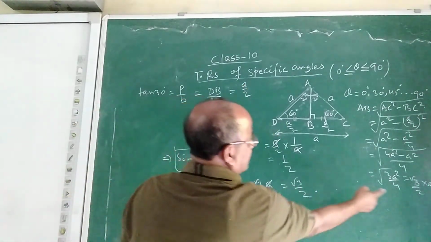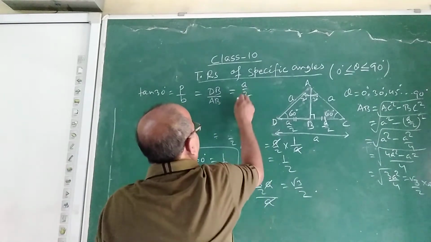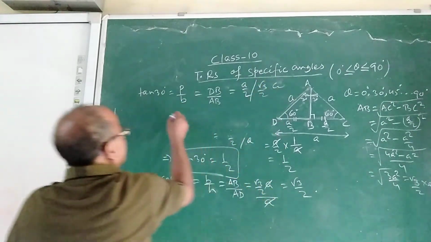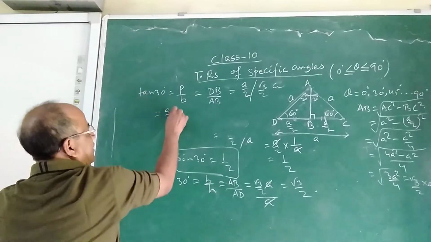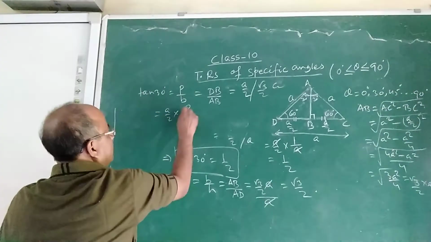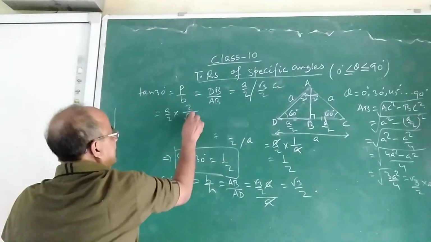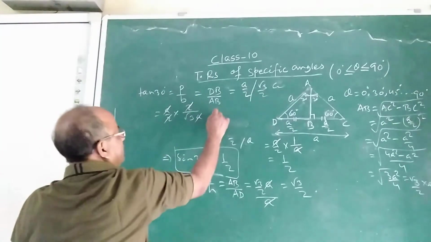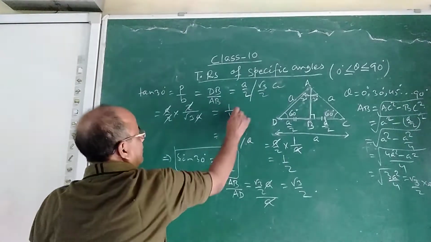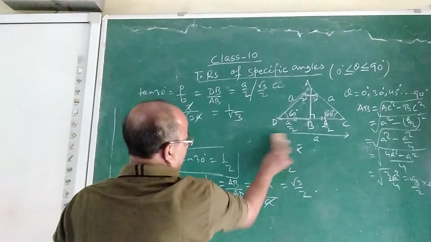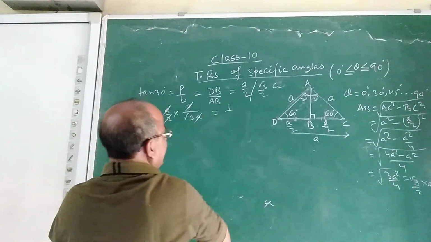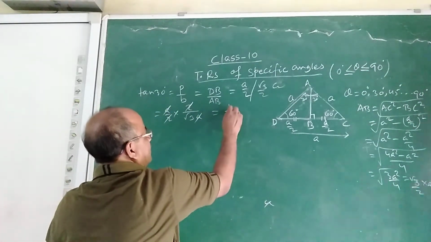AB value is root 3 by 2 A. So this will be A by 2 into 2 by root 3 A. So 2 cancels, A cancels, it will be 1 by root 3. Now tan 30 is 1 by root 3. The value of tan 30 is 1 by root 3.